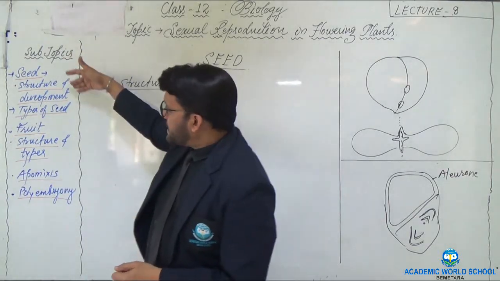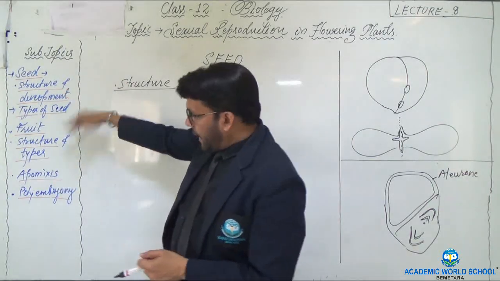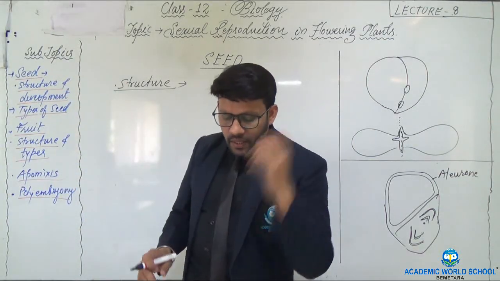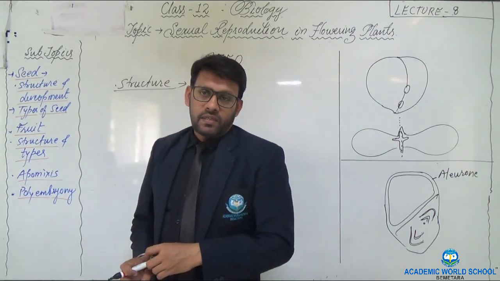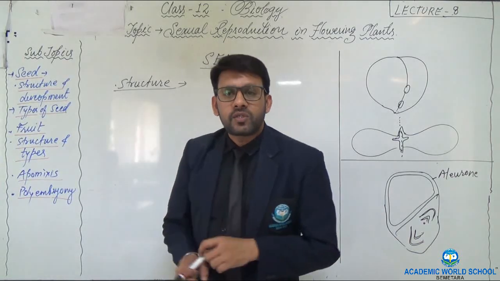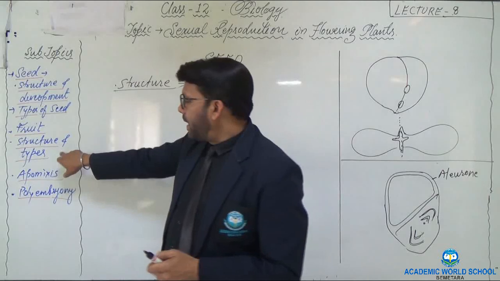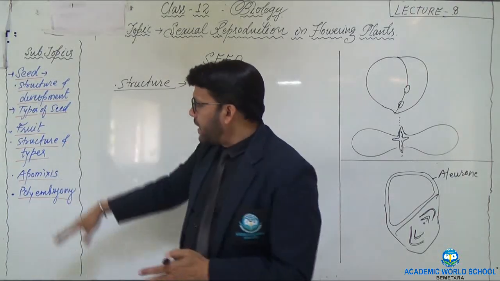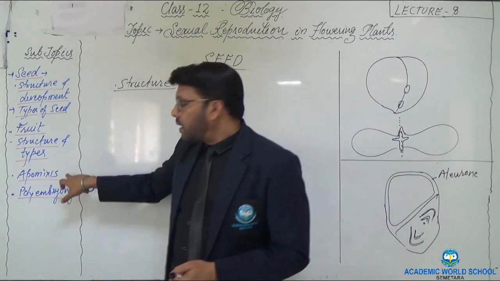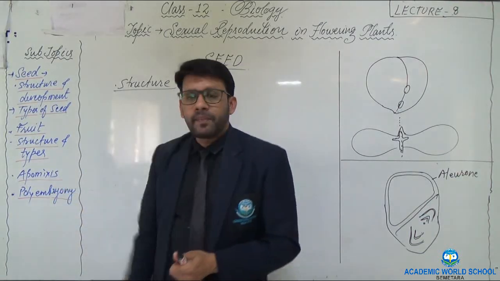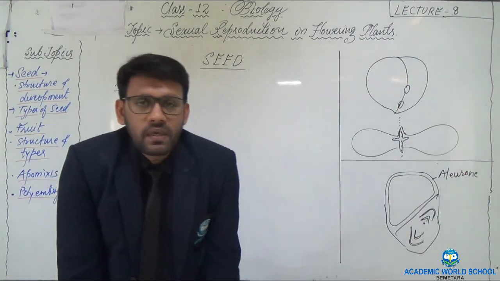So we'll deal with the seed, its structure and development, then the types of the fruits, then we'll discuss the uses of seed or the advantages of seed, and then we'll deal with the fruit and its structure and its types. And then finally we'll wind up with apomixis and polyembryony. So let's begin, dear children.